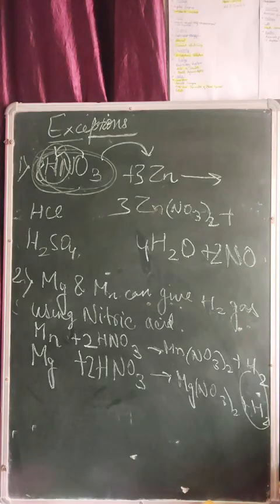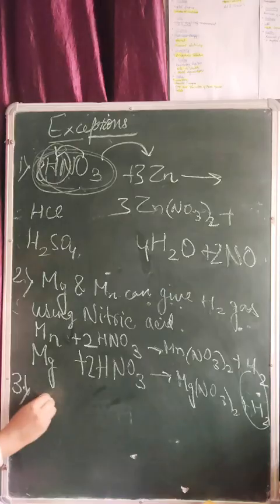The third exception is that concentrated sulfuric acid is not used in the preparation of hydrogen gas because it is also an oxidizing agent, which produces sulfur dioxide and water instead of producing hydrogen.